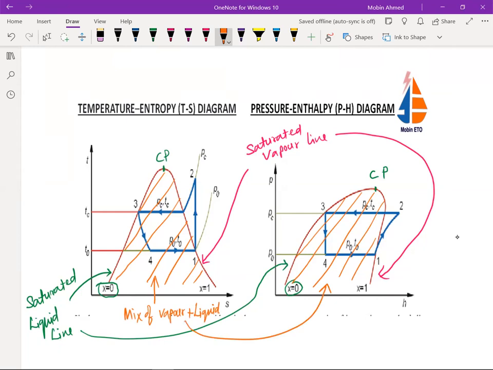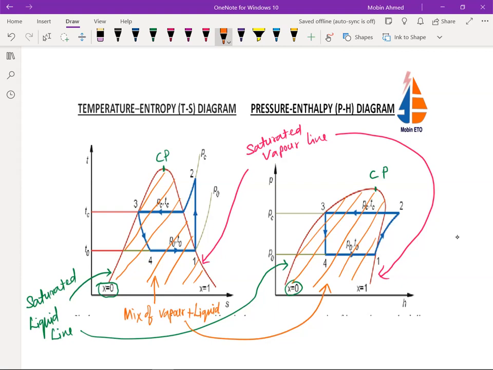Because on this side it is saturated liquid, meaning 100% liquid. Once it comes to this line, it is 100% liquid. And when it comes to this line, on this side it's 100% vapor. So you need to understand this one.